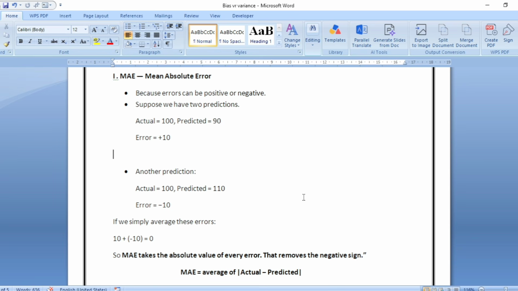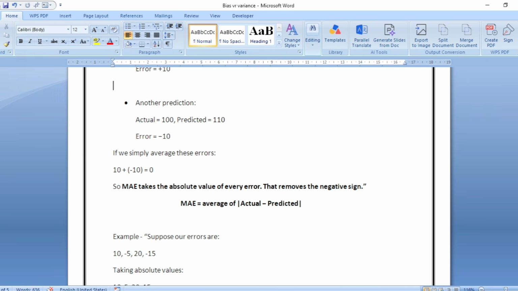Another prediction might be actual equal to 100 and predicted equal to 110. Now the error is minus 10. If we simply average these errors, plus and minus get cancelled and we will get 0 as the output. It would look like our model has 0 error, but obviously that's wrong.